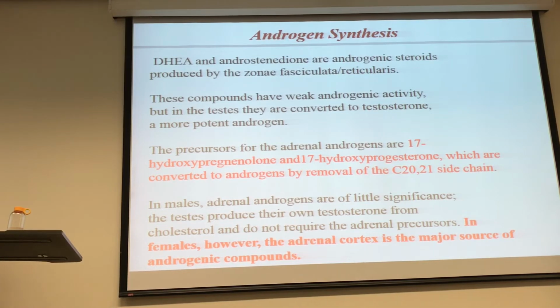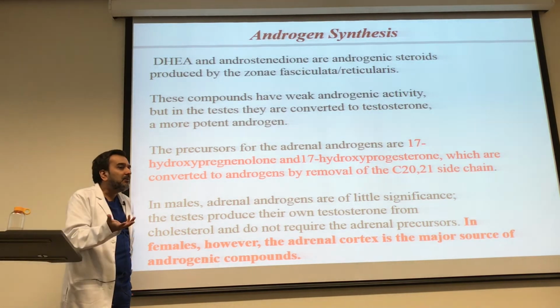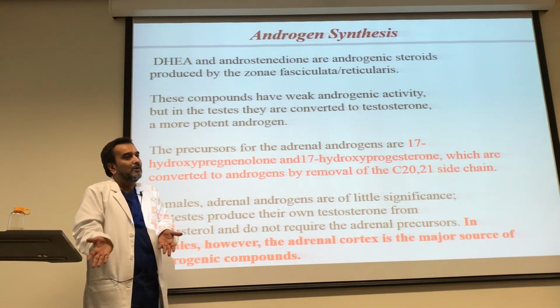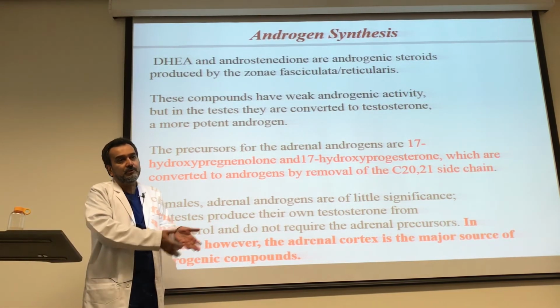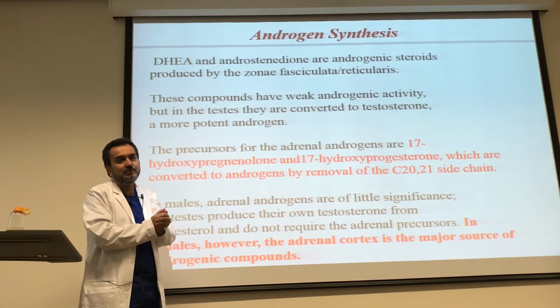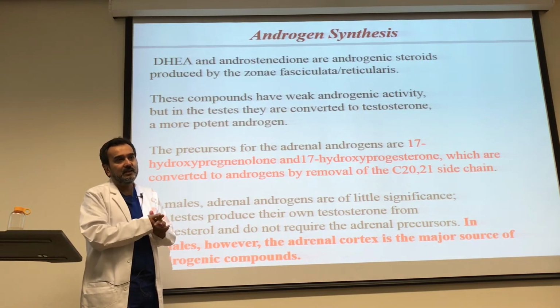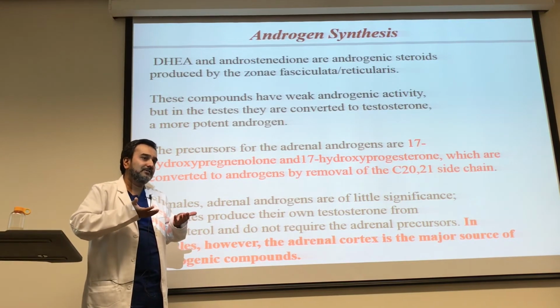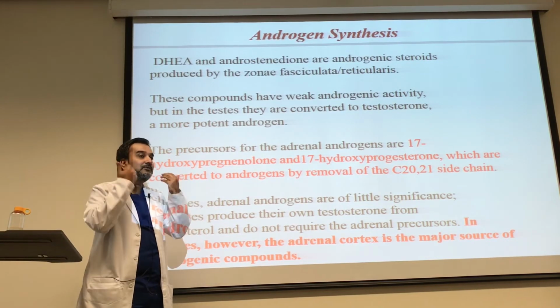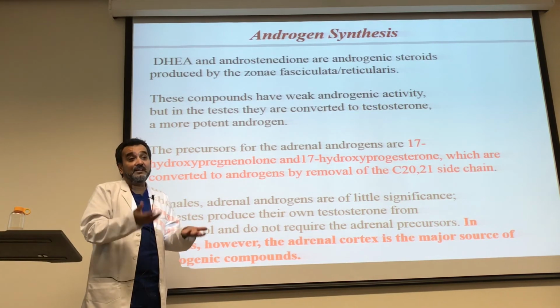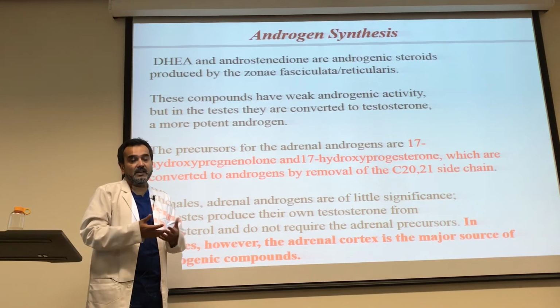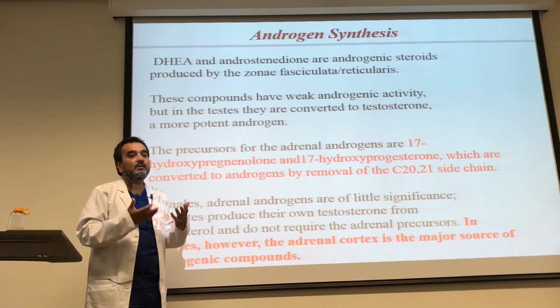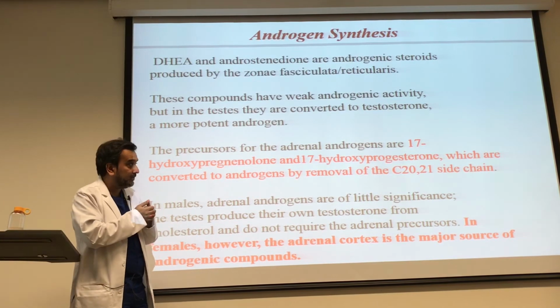That's why the effect of adrenal androgens in males is not very visible, because you already have testosterone, and they are converted into testosterone within the testes. But in females, if you have high levels of androgens, it will cause hirsutism and virilization of their secondary sexual characters.